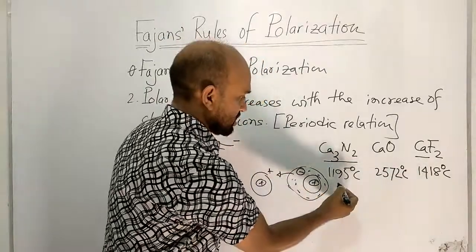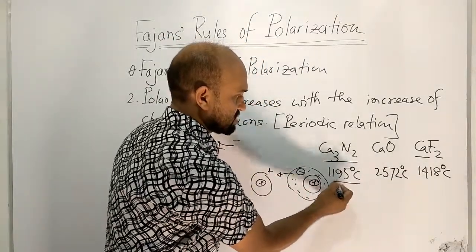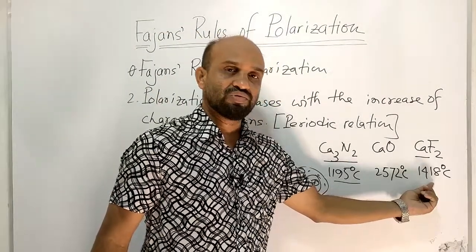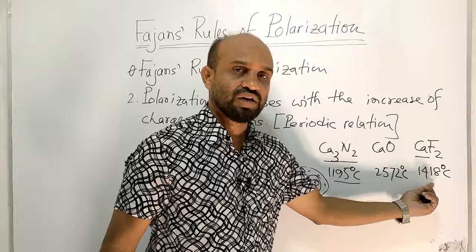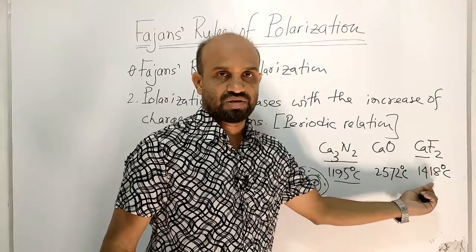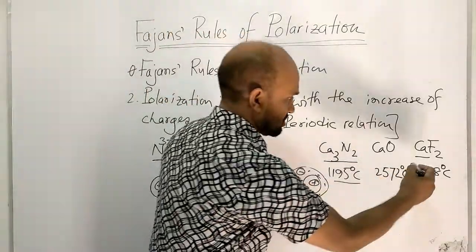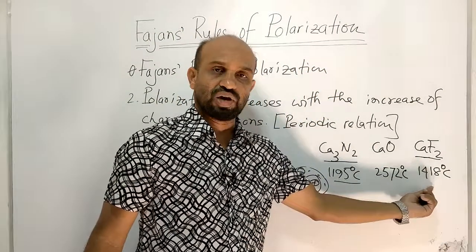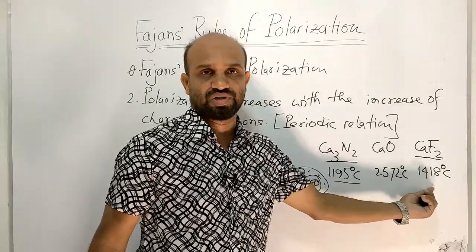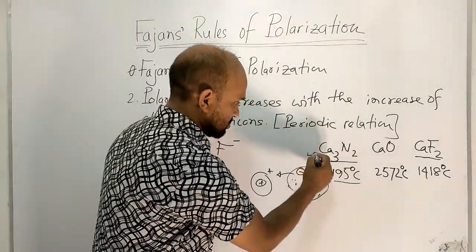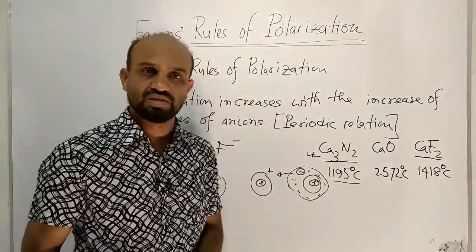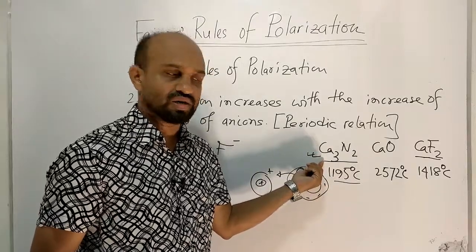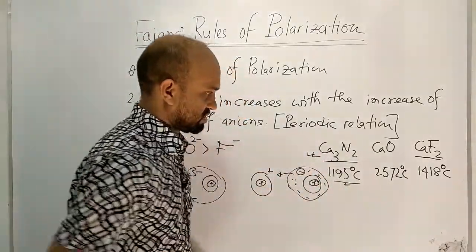That means calcium nitride melts at 1195 degrees Celsius, and calcium fluoride's melting point is 1418 degrees Celsius. So in this case polarization is decreased, more ionic, high melting point, and in this case polarization is increased, high covalent in nature, lower melting point.